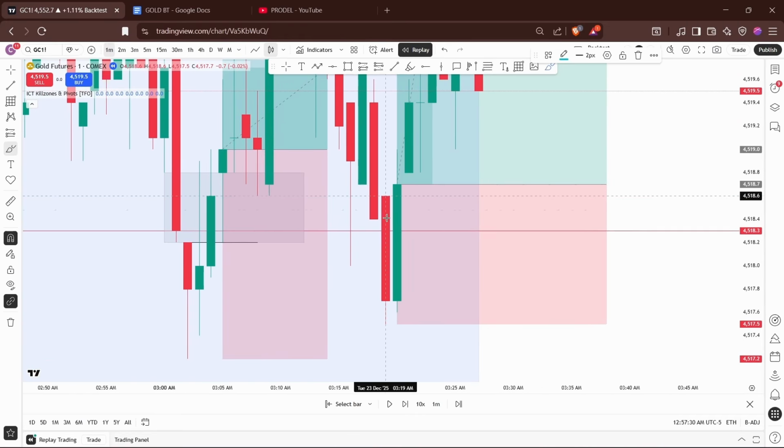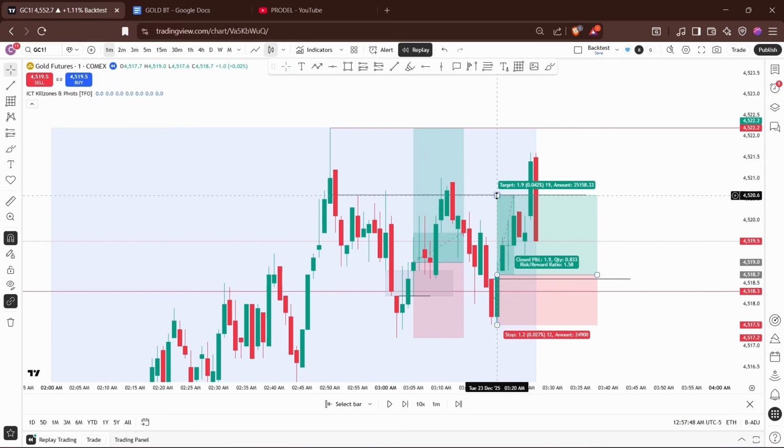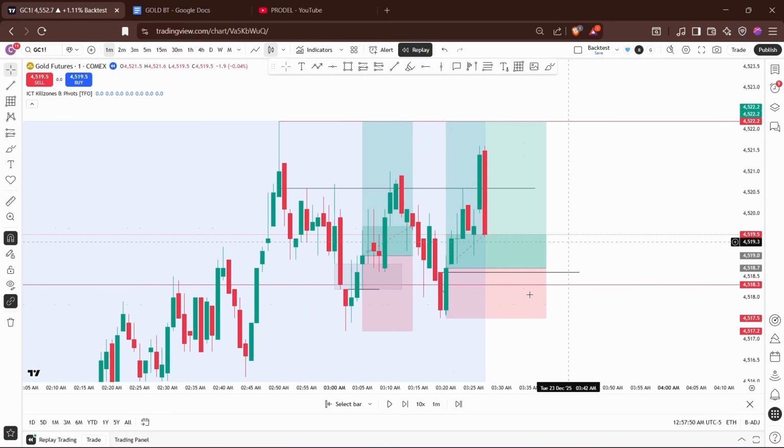It closed below the PUI and then above the PUI, and then it's forming the inverse FVG also here, and then closing this candle range high. So our entry will be at this level, and then the target will be at this level.